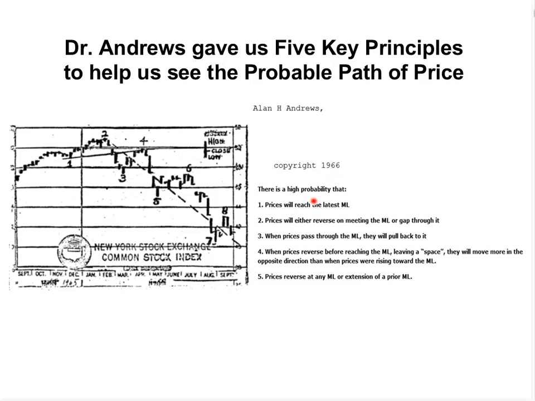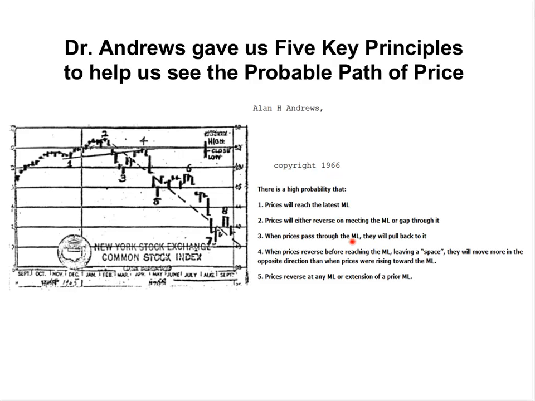There's a high probability that prices will reach the latest median line. Prices will either reverse on meeting the median line or gap through it. And I would add either reverse on meeting the median line, accelerate, comma, or gap through it. Because we trade 24 hours now. When he was trading and writing this, of course, there were no overnight sessions.